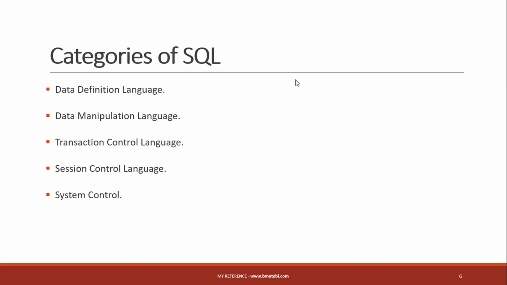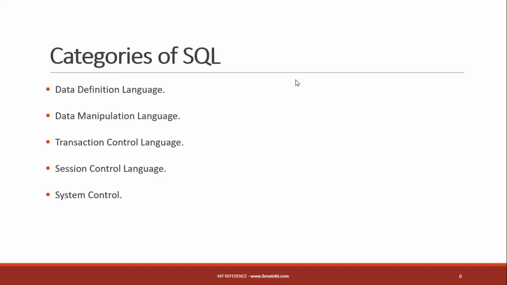Whenever we don't want to save the changes, maybe I have deleted a record accidentally and I need to reverse that action, I will use rollback in Oracle. So a transaction is just a change. Whenever we need to either save or discard these changes, it's under the transaction control language category.